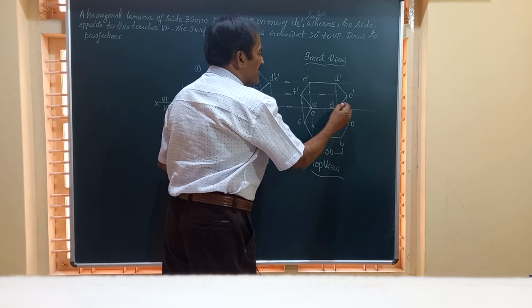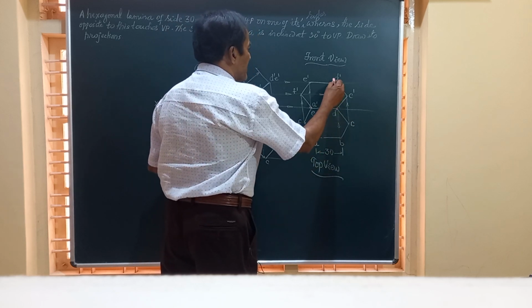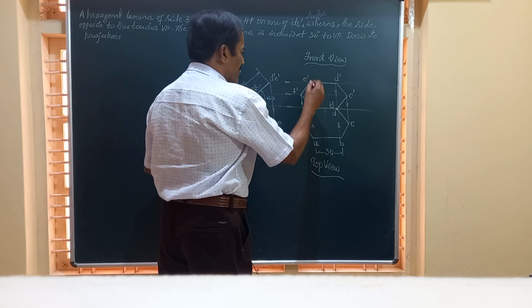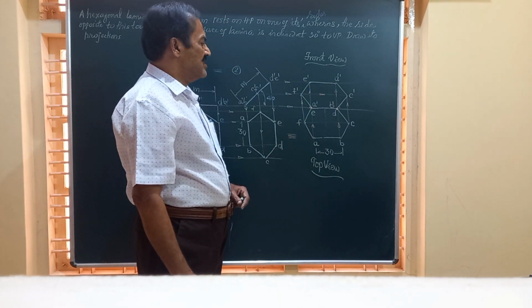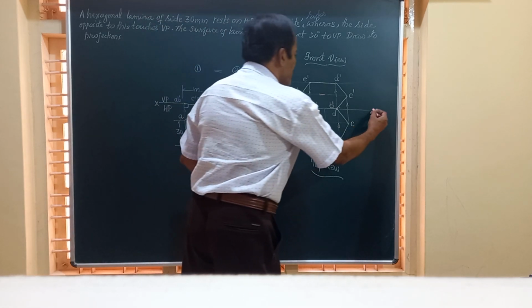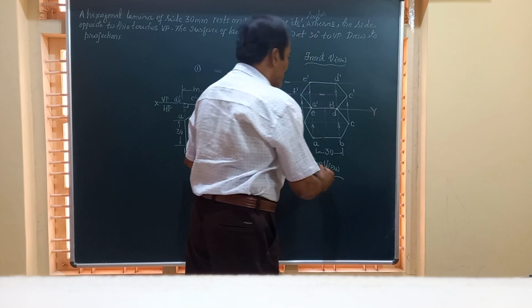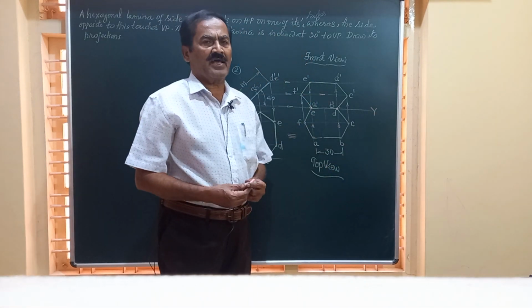They intersect at this point, call it as C. Similarly, the points D and E can be located using the same principle. Friends, this figure below the XY line will give you the final top view of the lamina, and this will give you the front view of the lamina.